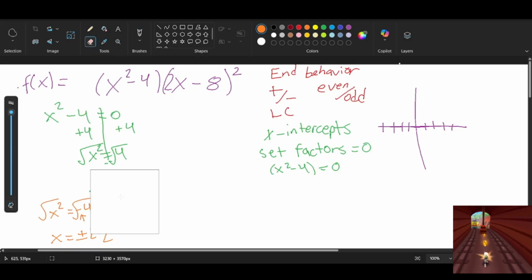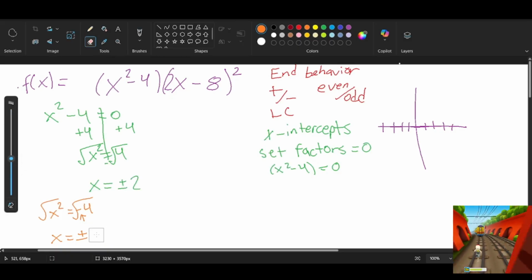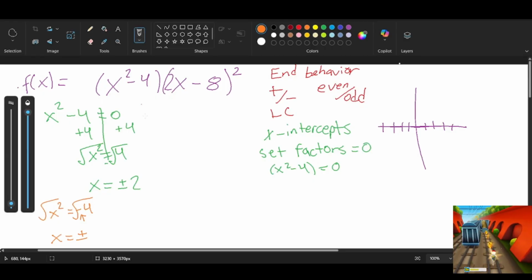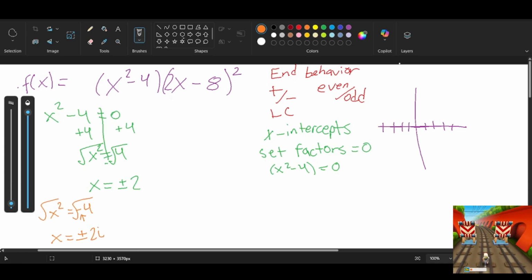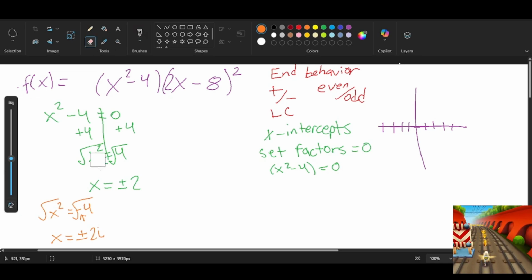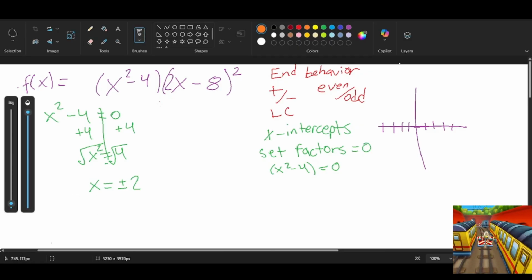So I could write this as i2, but most of the time we've seen this as our answer as plus or minus 2i. But again, that's just an example. That's not the case for this problem, but that will show up. Imaginary numbers are unfortunately here to stay.